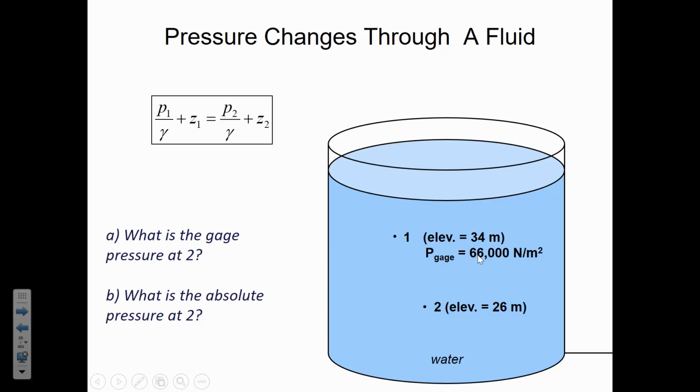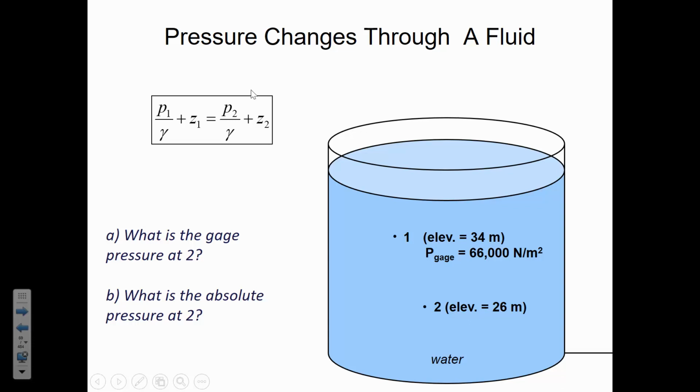And so we're assuming that the pressure of the air that's above this tank, we're calling that 0. Now we know that the air doesn't actually have 0 pressure, it's just that we're using that as our starting point for measuring any additional pressure beyond that. So what we want to do is find the absolute pressure at 2. So first the gauge pressure, then the absolute pressure at 2.